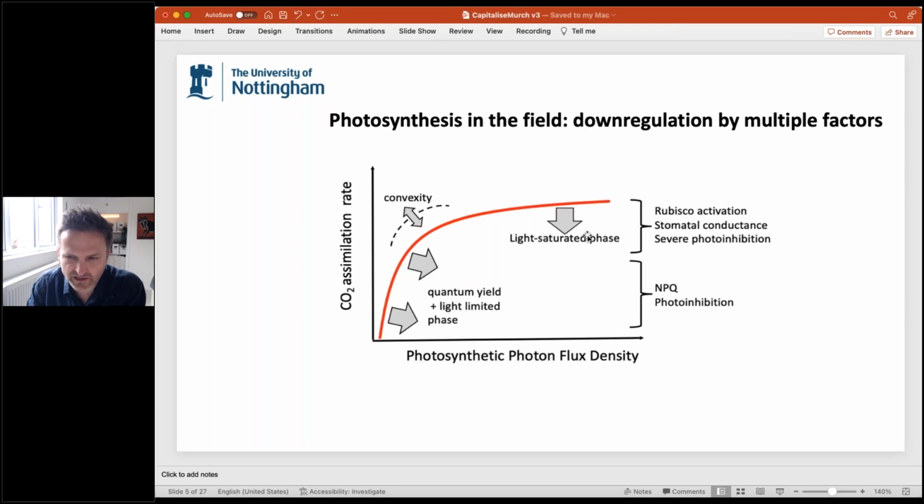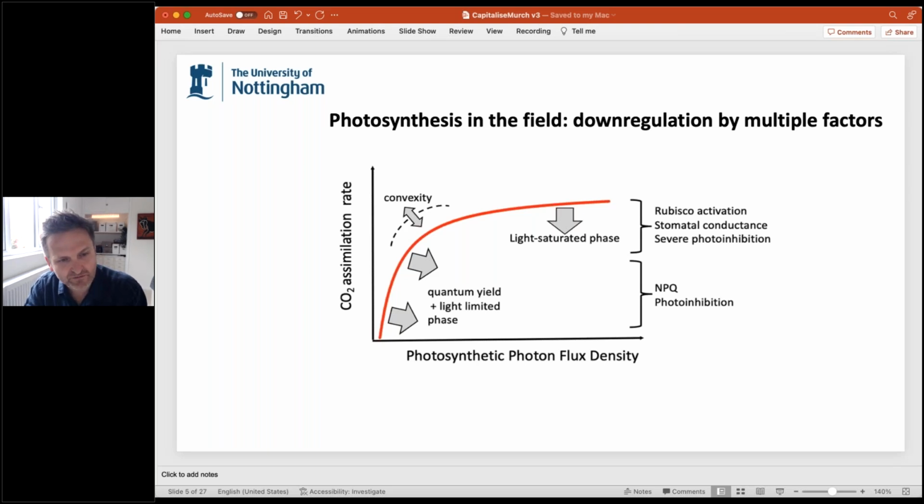For example, under light saturated conditions, you have rubisco deactivation, particularly under high temperatures, and stomatal conductance. Under the quantum yield light limited phase, you might have NPQ recovery and photoinhibition itself affecting CO2 assimilation. The point being that if you make a measurement of CO2 assimilation in the field, it may be less than optimal.